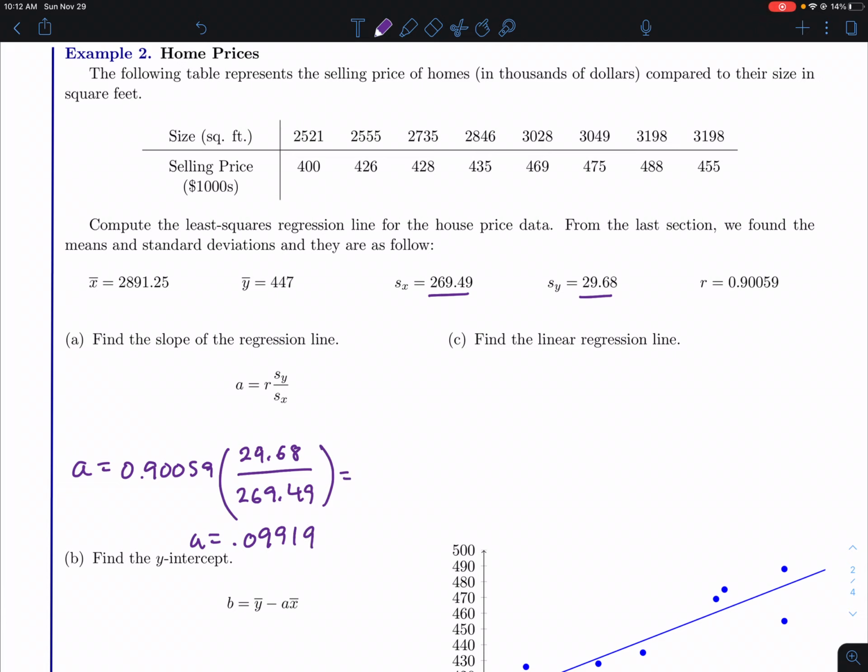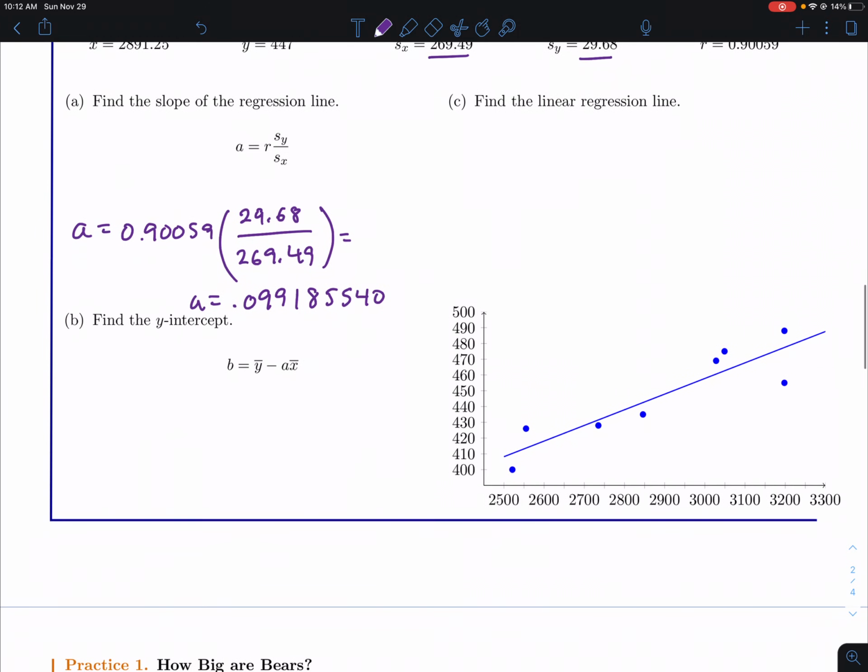Let's go the whole way out, as the further out you go, the more accurate it's going to be: 0.099185540.